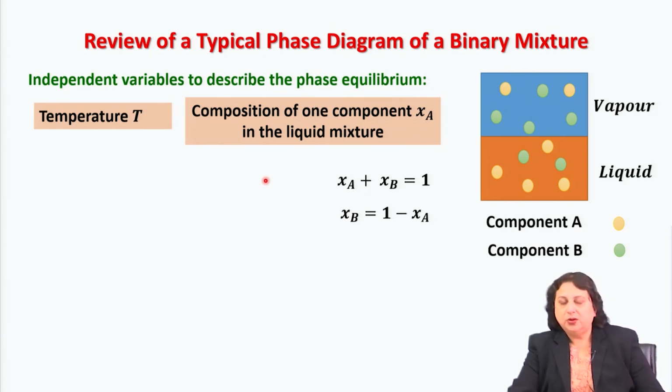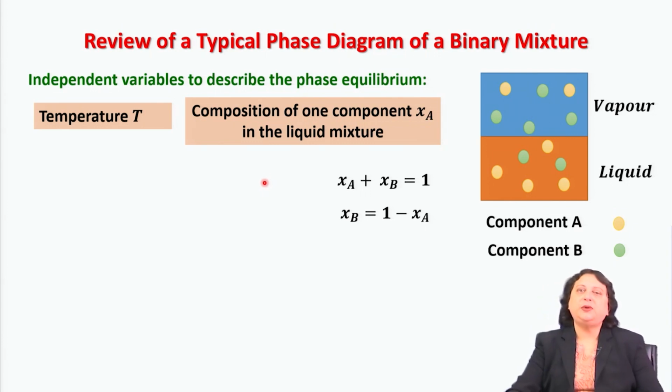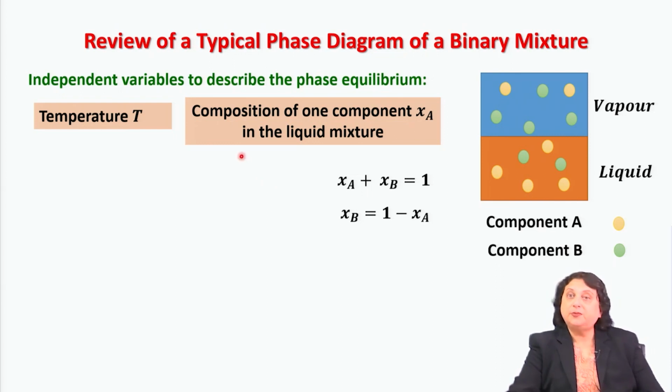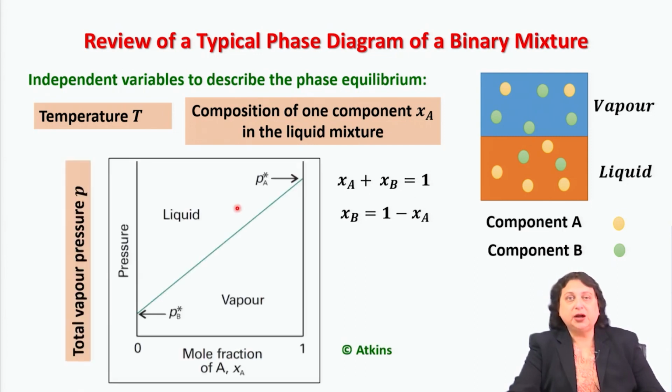Okay. Now, with these solutions you are going to measure the properties. Now, which property will you measure? You will measure the total vapor pressure of the system. Okay. And the outcome of your experiment would be a diagram like this.